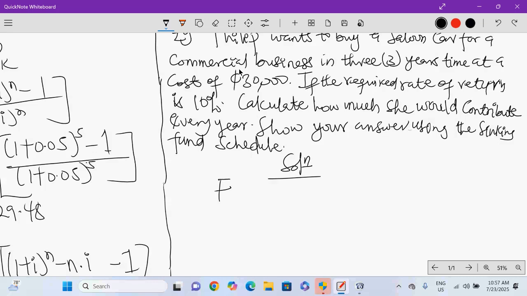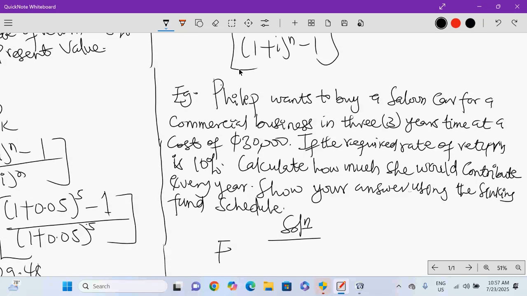So what is the future value? So here, because definitely we are going to use the future value of annuity, right? Because it's asking us how much would Philip have to accumulate currently to be able to get the 30,000 in the future, right?